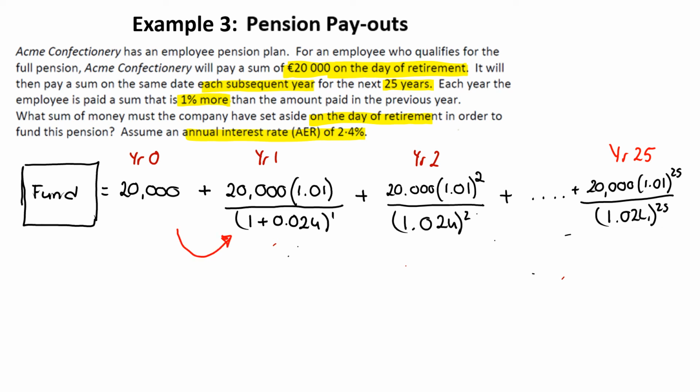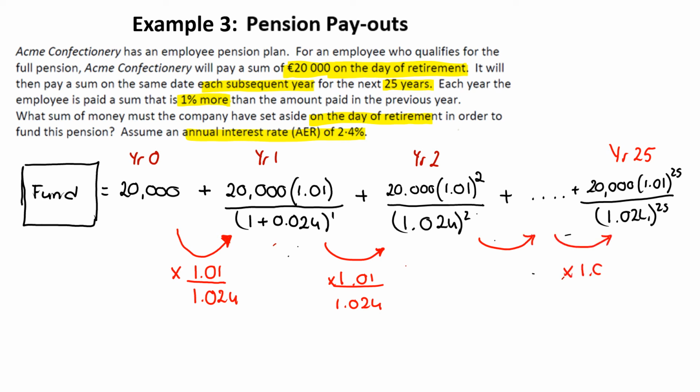So here, what we have is a geometric sequence, and to get from the first to the second, I'm multiplying by 1.01 over 1.024, and that's going to happen each time. Multiply by 1.01 over 1.024, and so on.